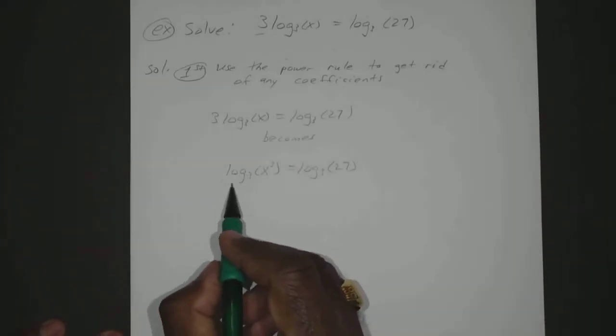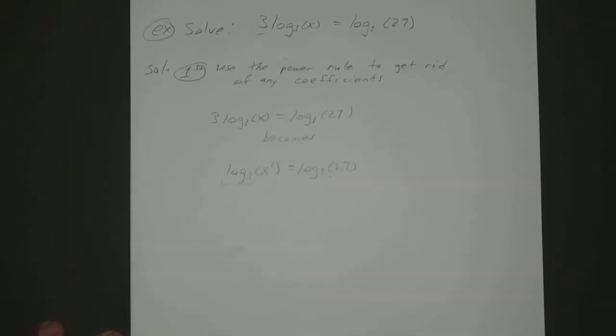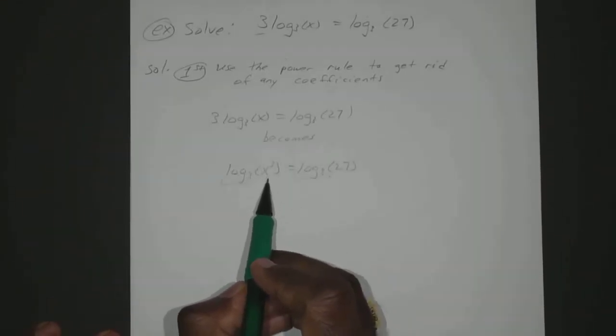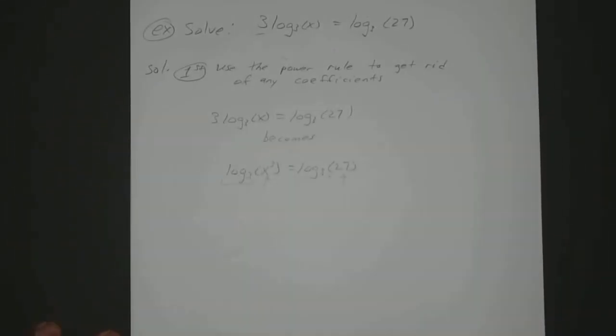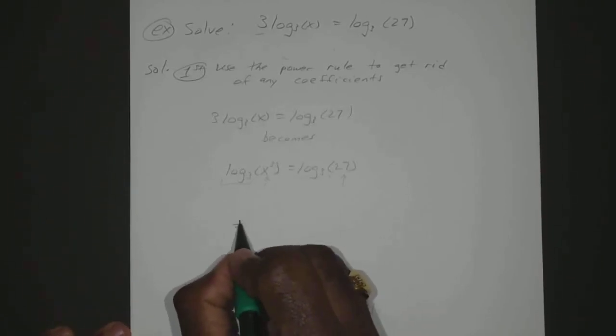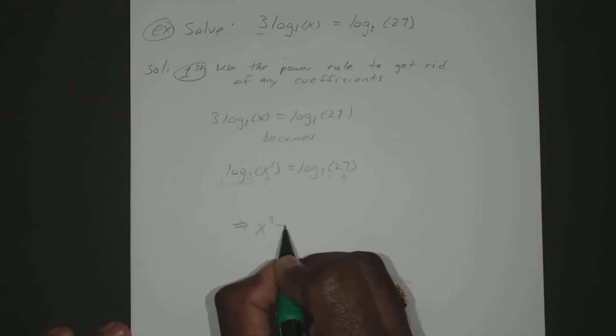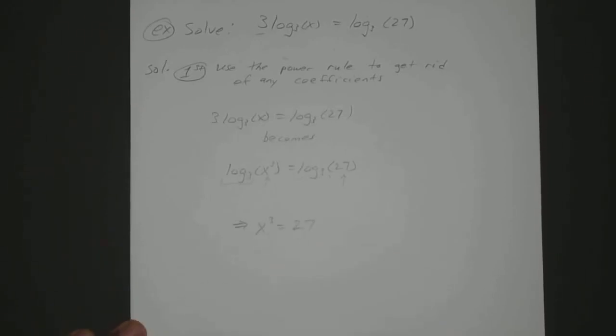We have a log base 3 and a log base 3, so what's inside has to be equal in order for this to be true. So x to the third equals 27.